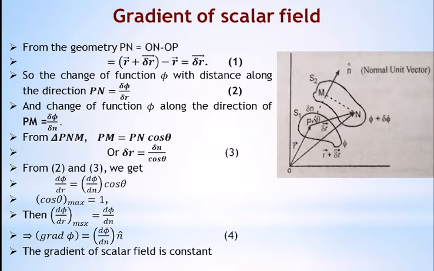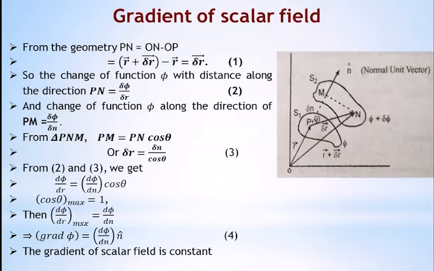In S1 surface we consider one point P, which has distance from origin small r vector, and we call it the position vector r. And if we move to surface S2, which has point capital N, this point N has position vector r vector plus del r vector. Is it right?